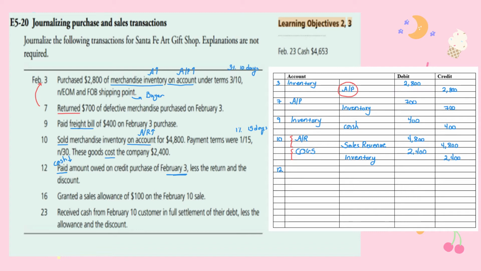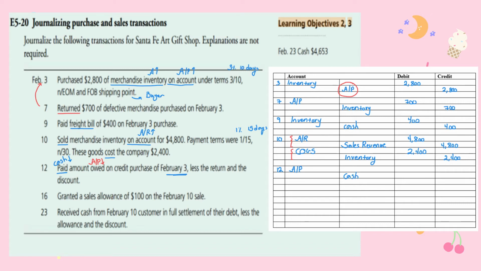Which means I'm paying my liabilities now, so my AP will go down. So in the entry, I'm going to decrease accounts payable in the debit side because it's a liability account. And I'm going to decrease cash because cash is an asset account, so it goes to the credit side when it decreases.